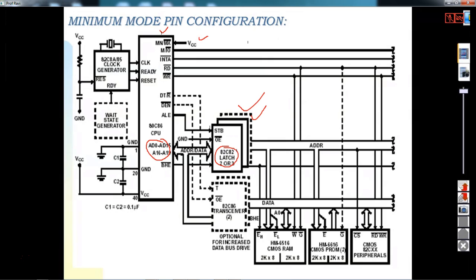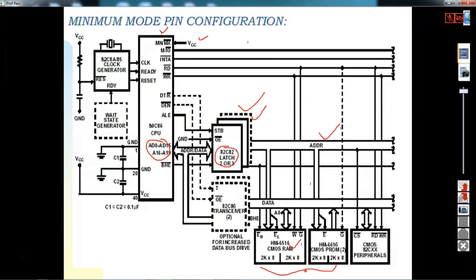After demultiplexing, the address is available, and here you connect your memory ICs. So this is CMOS RAM, and this is CMOS RAM. In memory segmentation we have seen that the memory connected to the 8086 processor is divided into even bank and odd bank.